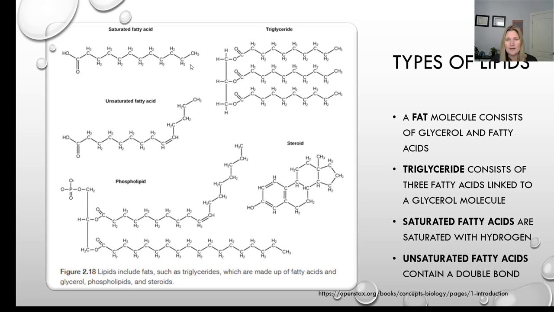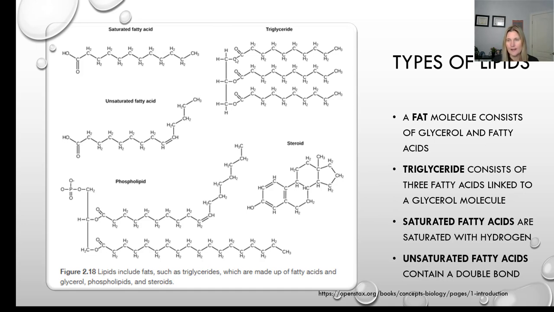If we take a fatty acid and link it to a glycerol, glycerol is basically just this part, which is again just a bunch of C's and an H, we can form a triglyceride. Tri means three, so it's three fatty acids linked to a glycerol.